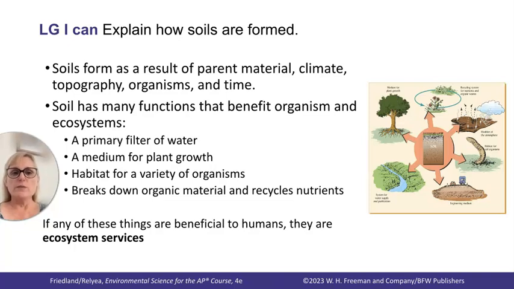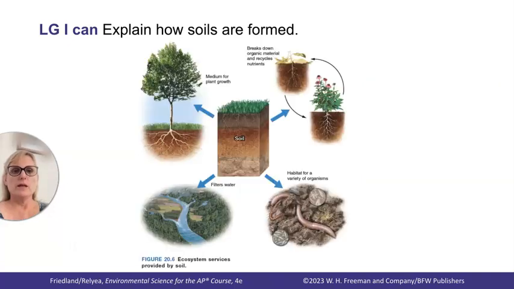Habitat for organisms is not an ecosystem service unless those organisms then are used by humans in some ways, like pollination or people that hunt and eat the meat from the animals. It also will break down organic matter, recycle nutrients, the decomposers, things like that. So if soil benefits humans directly or indirectly, we call them ecosystem services.